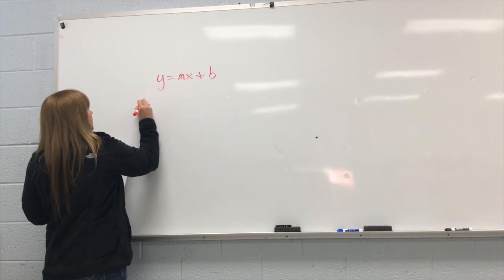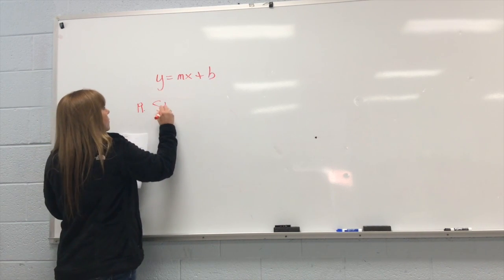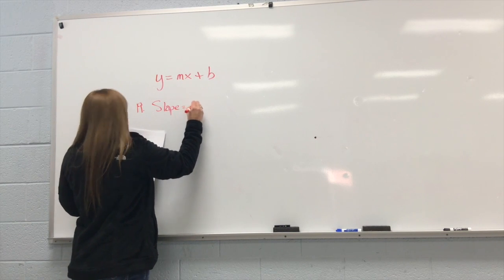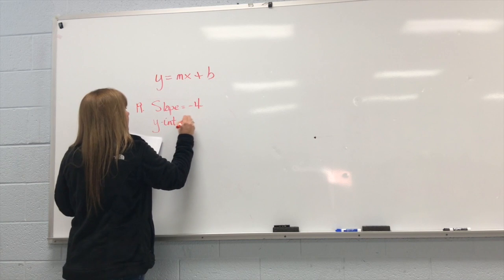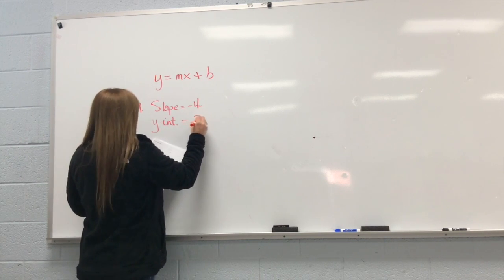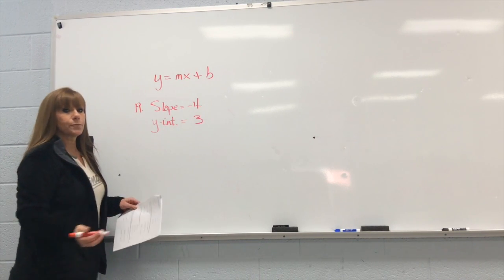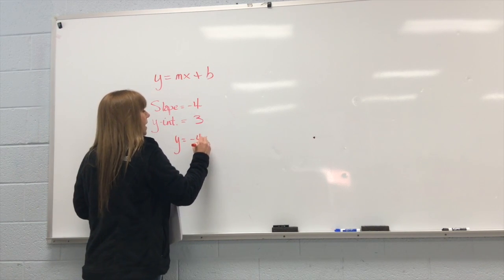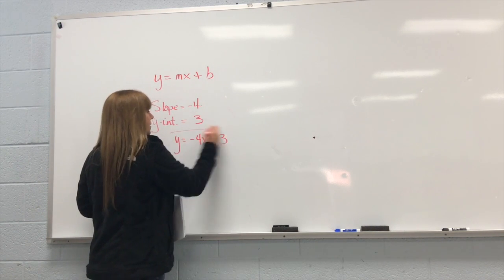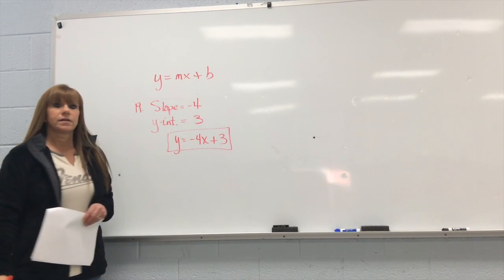So if I'm given, as in problem 19, that the slope equals negative 4 and the y-intercept is 3. Super simple to write the equation. y equals negative 4x plus 3. Done.